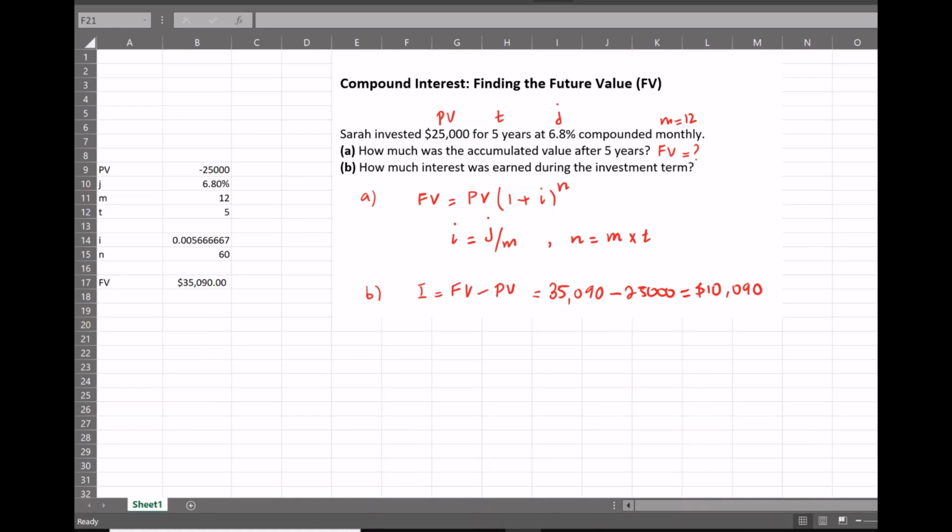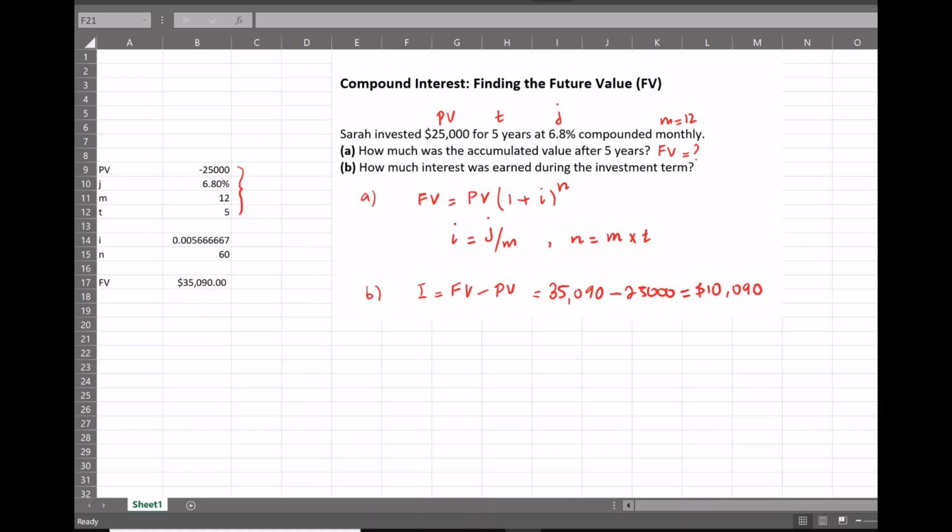Now that you have all the variables in, you can use this sheet for any other problems involving compound interest and finding future value. All you need to input are these 4 given values, right? And then I, N, and future value will be calculated automatically.